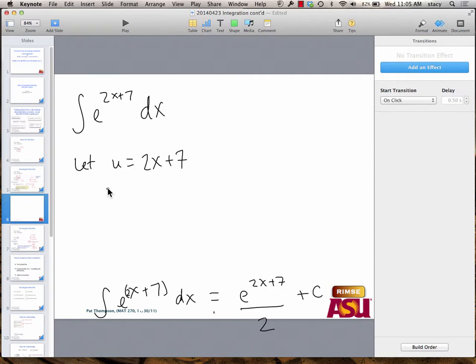So what's the derivative of u? 2. That means that little changes in u are gotten by 2 times little changes in x, right? But notice that my original integral didn't have a 2. So it only had a dx.